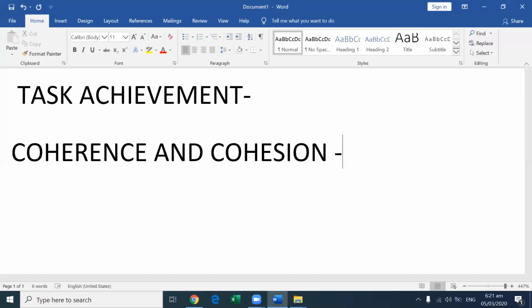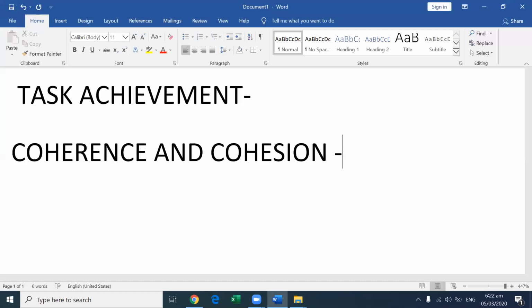Because if your body paragraphs are of unequal length, there's a tendency that the examiner would think that the BP1, for example, has been over discussed, but the other body paragraph is under discussed. So you see, there's a disparity of discussion, and we don't want to give that kind of impression to your examiner.